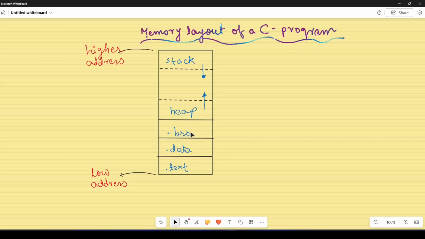We'll explore more. I'll tell you more details about each of the sections, and I'll just write it here also. Just for now, we're going through the basic definitions. So BSS has the uninitialized global variables. Heap is used for dynamic memory allocation, and stack is where the function calls and the local variables live.